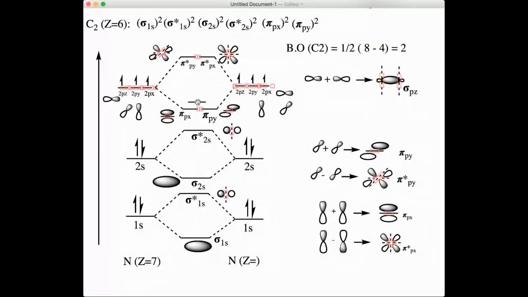So that's gonna be the sigma pz bonding molecular orbital, which you guys should know looks like this. And then I have obviously an anti-bonding, which in this case is going to be higher in energy.